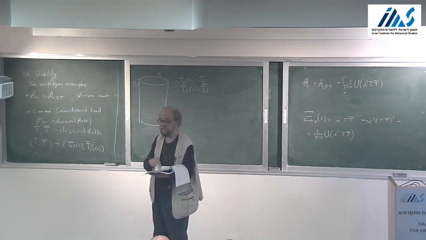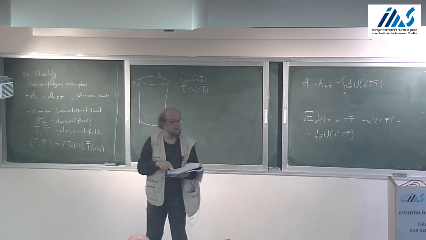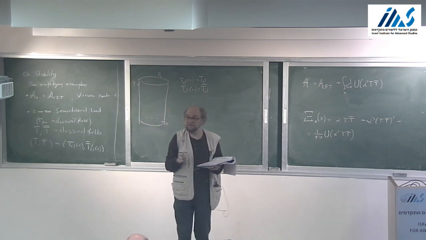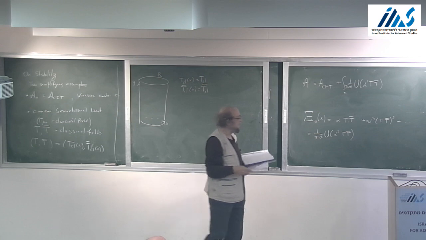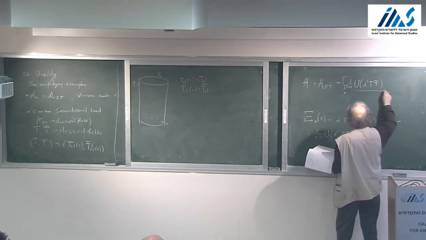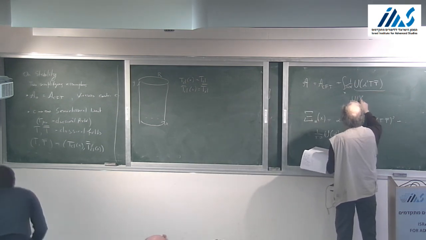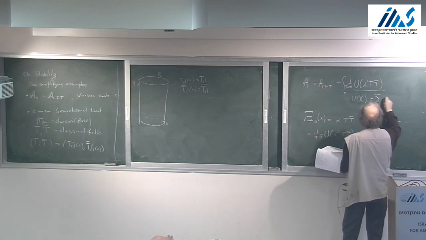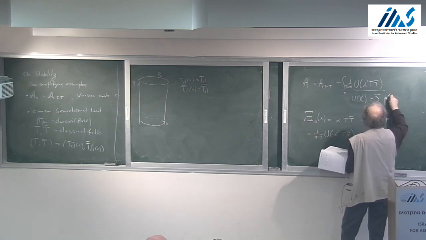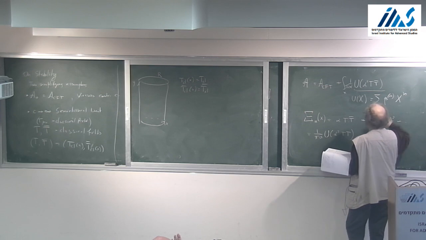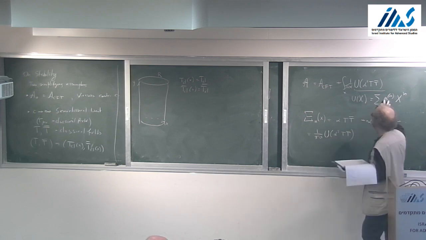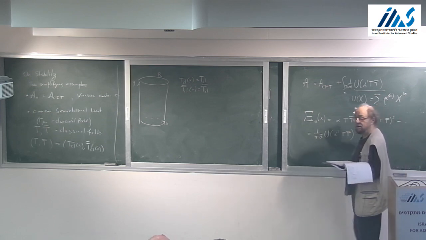Is it clear? Yes, I don't think it's written. No, it's not written. All right, so let me write it. U of x is some sum of beta to n, x to the n, and these are the remaining betas.